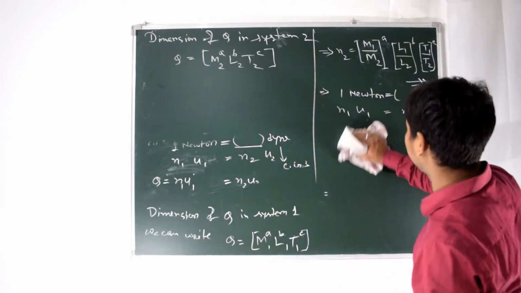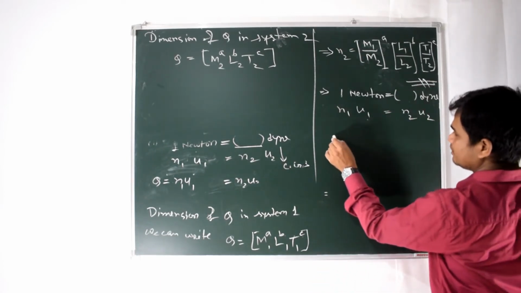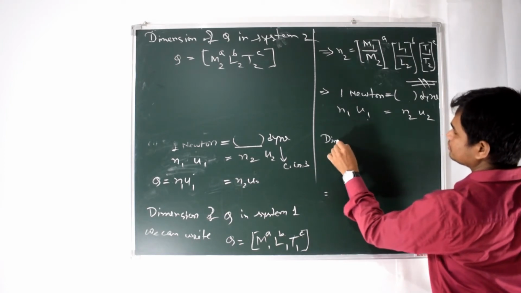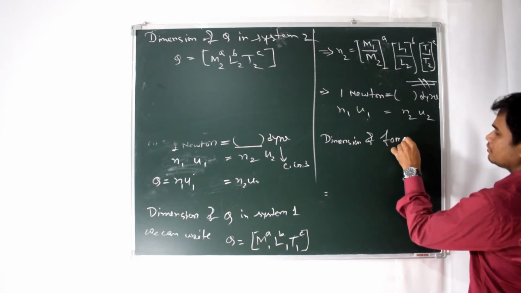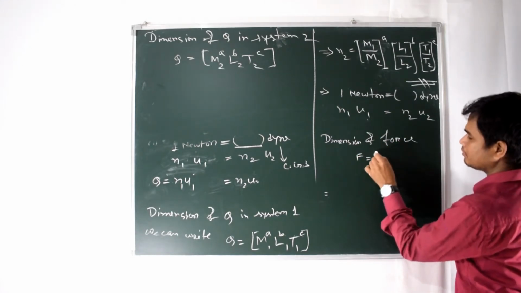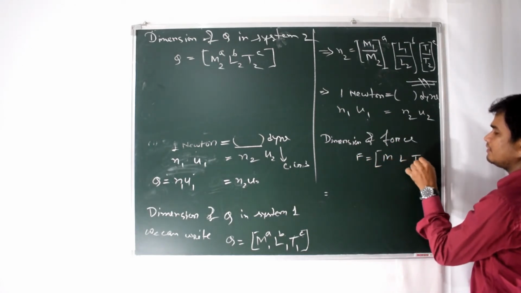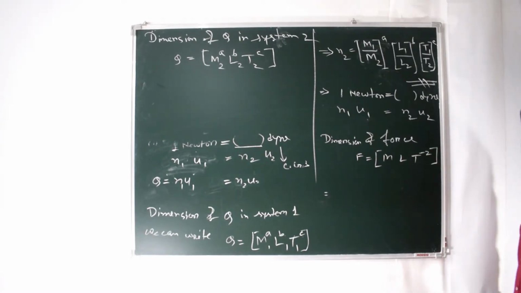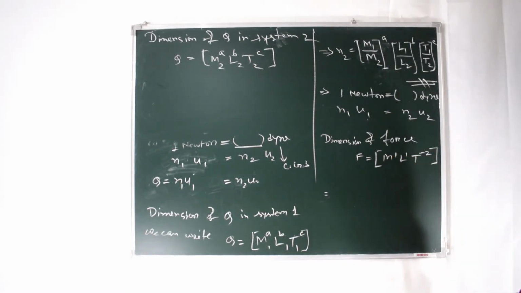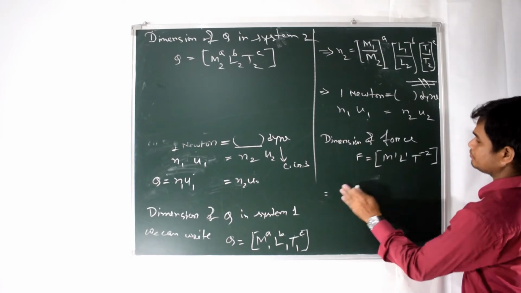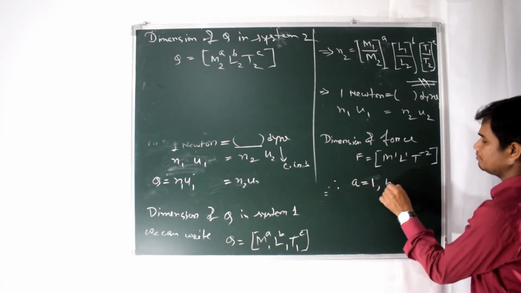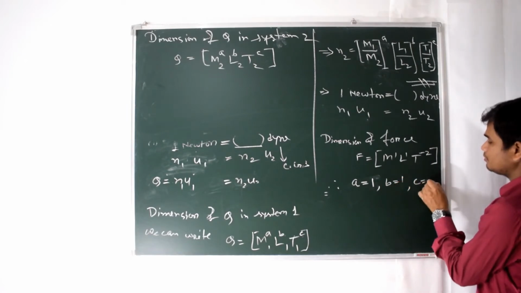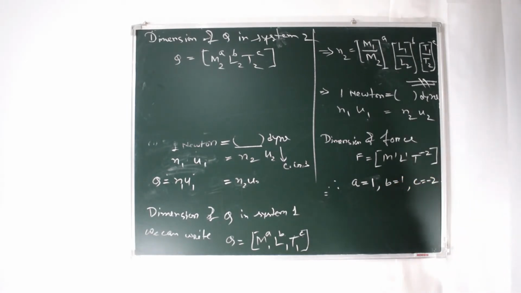Before this, we can also write the dimension of force. Dimension of force is M L T minus 2. Therefore here a is equal to 1, b is equal to 1, c is equal to minus 2.